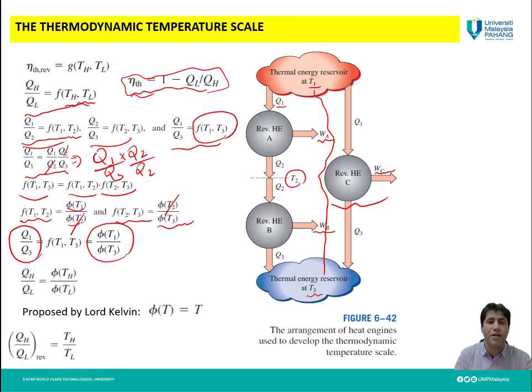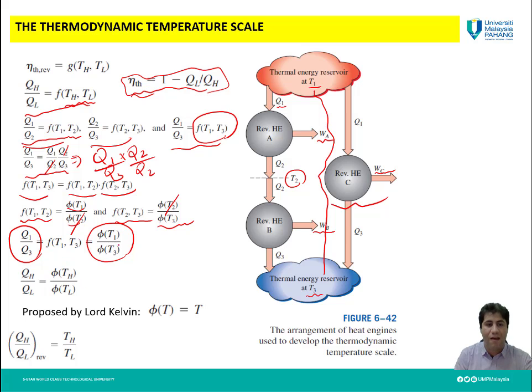You can see here that we have an equality between the ratio of the thermal energy of the first reservoir and the second reservoir and a function of the temperatures of the first reservoir and the second reservoir.